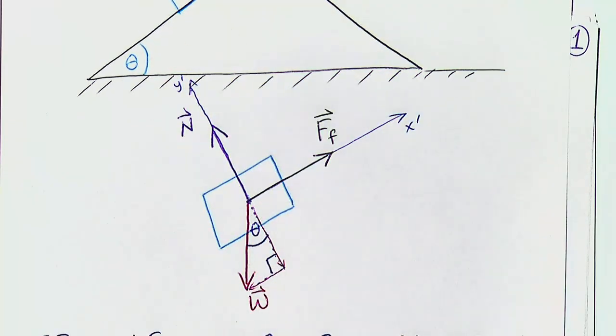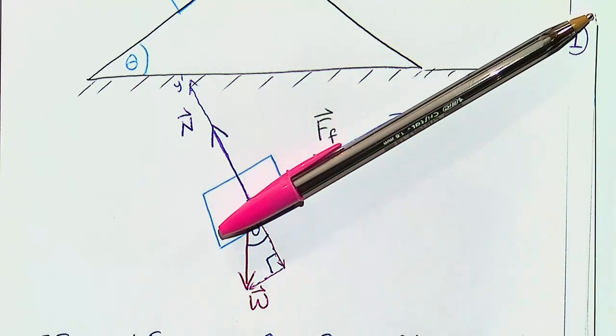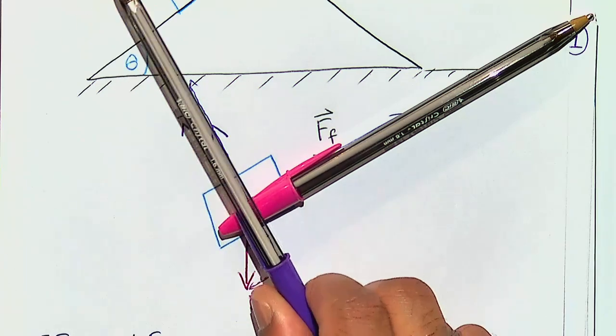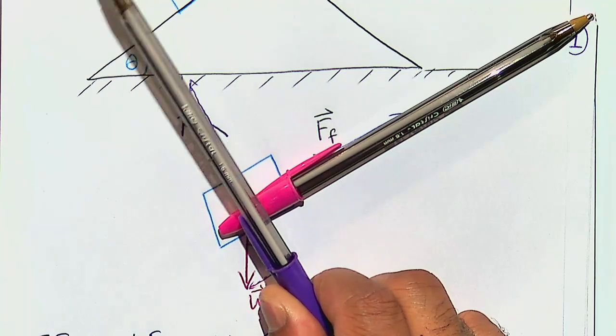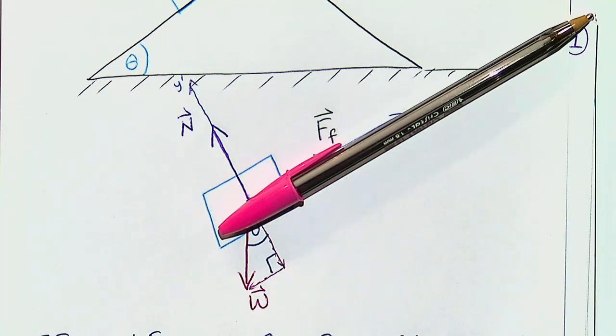You're not required to rotate the coordinate system. The coordinate system is on you. You get to pick the coordinate system. The rules are really only a few. If you point x in a certain way, y has to be 90 degrees to it, and then z has to be 90 degrees to both of them. That's all there is.